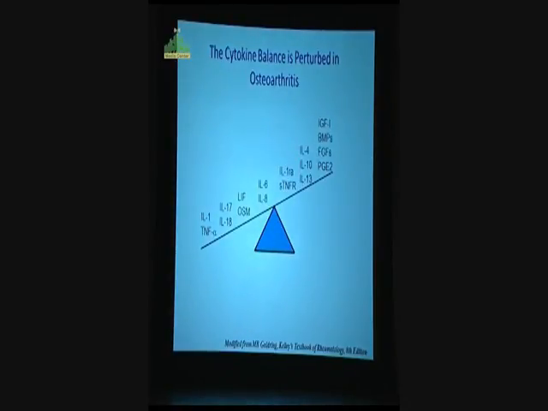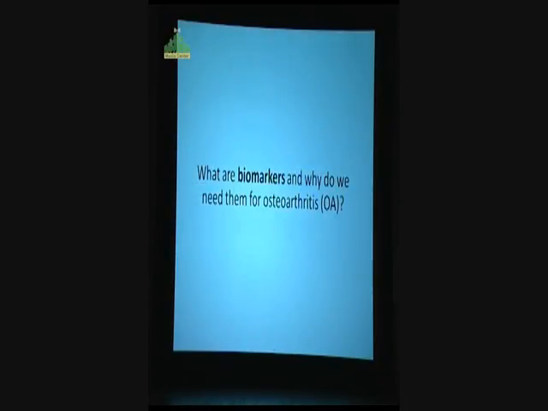When we look at the balance between cytokines and growth factors, the so-called catabolic and anabolic factors, there is a significant shift towards the ones that induce matrix degradation. And the ones that are involved in anabolic reactions are reduced in terms of abundance and activity.